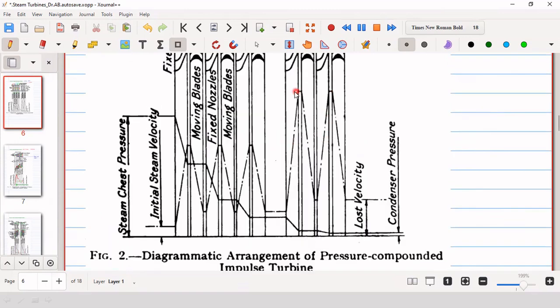And here also, you see that after the pressure reduction, velocity increases, and at the entry to the moving blade, this is moving blade, this is moving blade, the velocities are all the same. Okay. So these are called basically the Rateau stages or Rateau turbine for the pressure compounded impulse turbine.